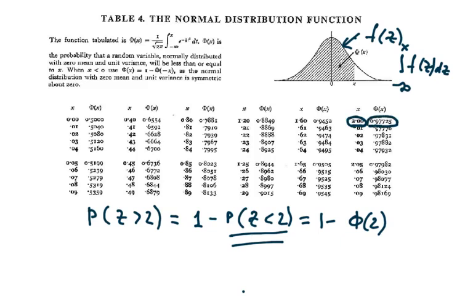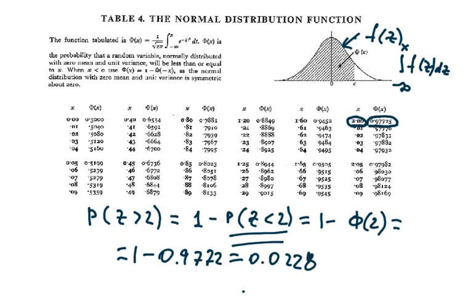So this is 1 minus 0.9772, which is 0.0228. So this is what we got.